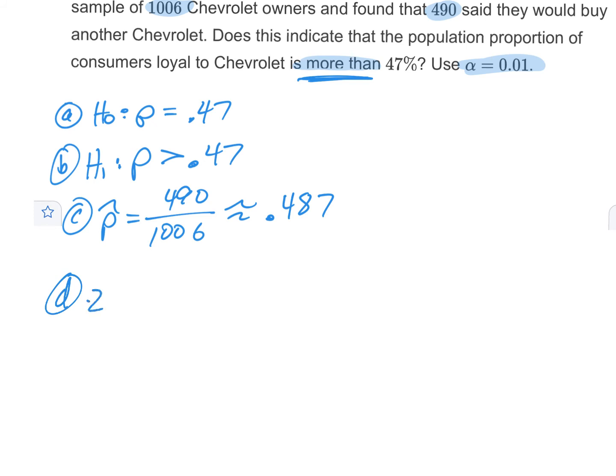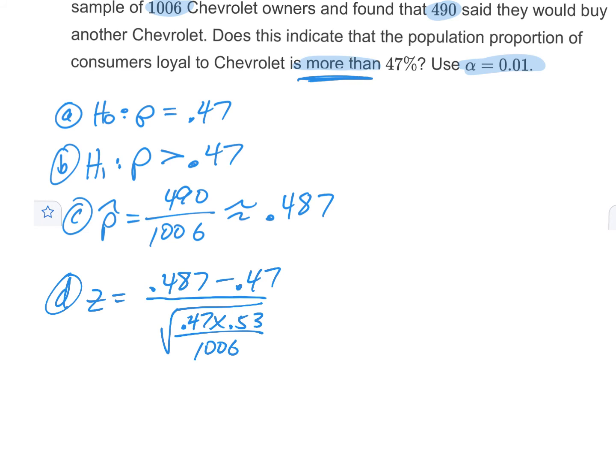Question D is our test statistic. It is our P hat, 0.487, take away the P, 0.47, over the square root of 0.47 times 0.53 over 1006. Plug this all into our calculator, and it spits out 1.08.